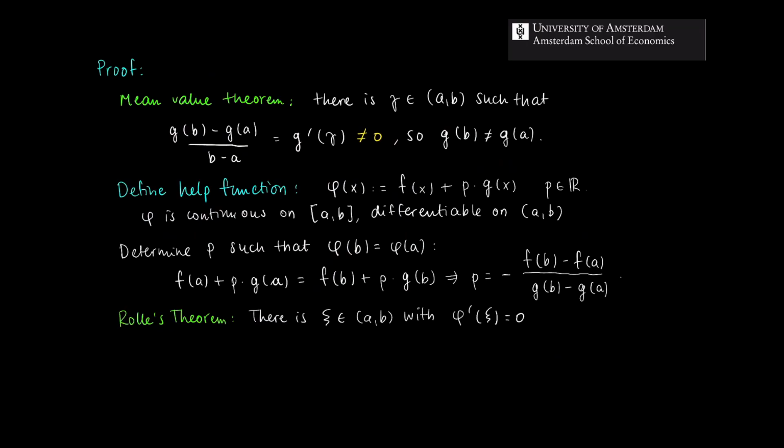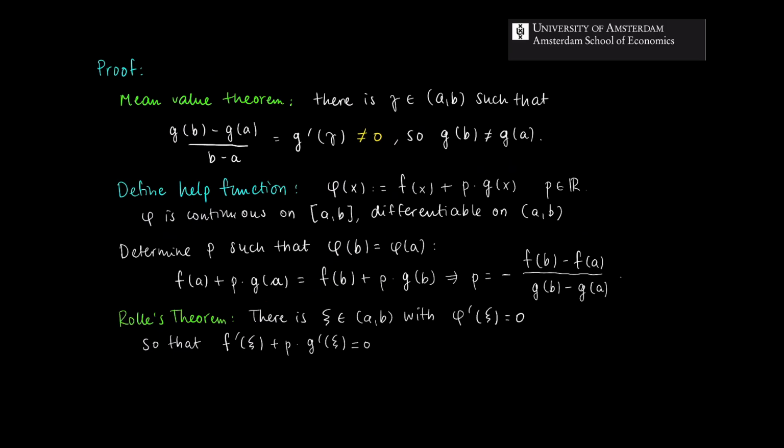This stems from the basic calculus course that you took in year 1. So for this value, just calculate the derivative of phi at psi. The derivative of phi at psi equals f prime plus p times g prime, and this should be equal to 0.